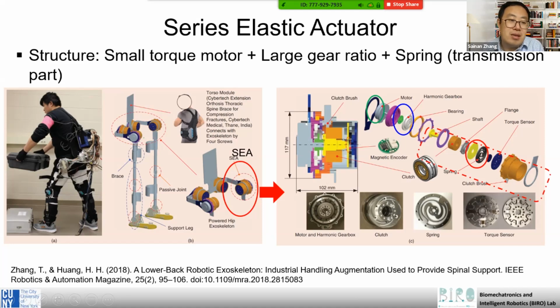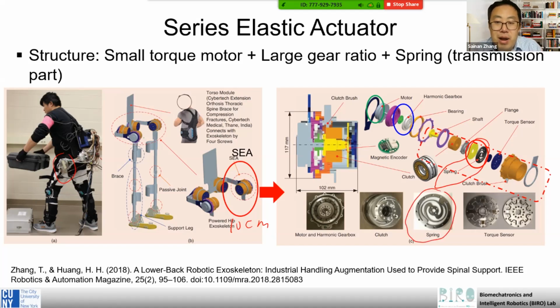You can see the overall system is very complicated, right? If we take an anatomy and look at the structure of the SEA actuator, the overall system is pretty thick, about 10 centimeters, pretty bulky. From the last slide, you only saw a spring here, right? The spring is implemented as a rotary spring in this way.